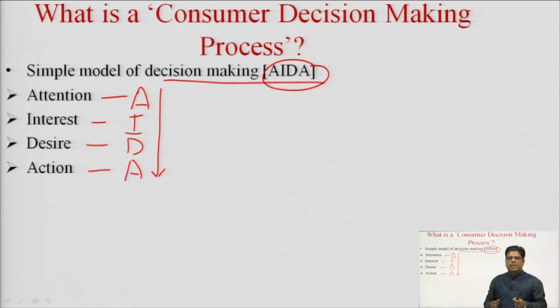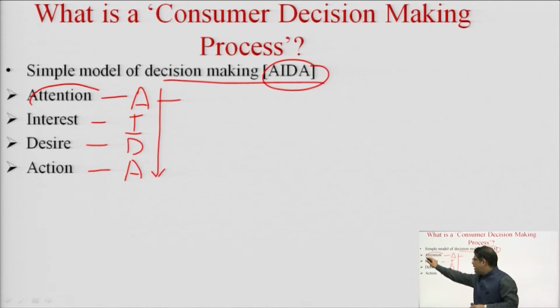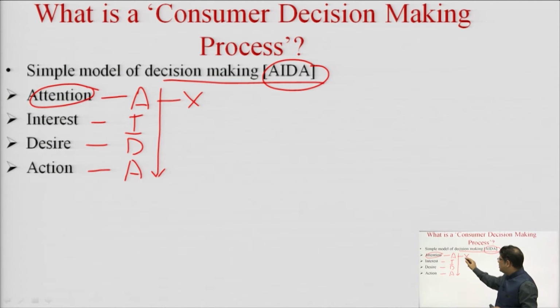The AIDA model says that in order to induce a customer to purchase a product or a service, what is very important is that first of all, the attention of that consumer or customer is gained, because if the customer does not pay attention to the product or the service, then without attention the consumer will never purchase it.